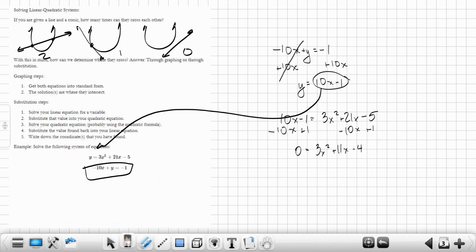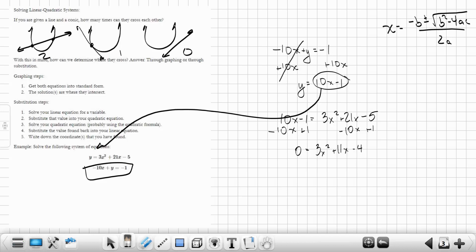X equals negative b. All right, there's our quadratic formula right there. I remember that because of the song.